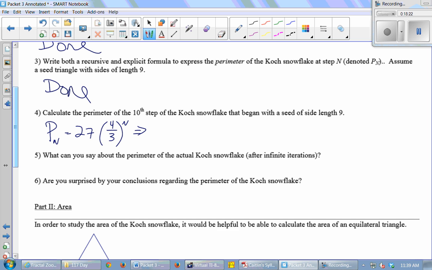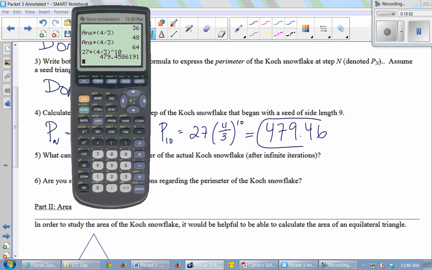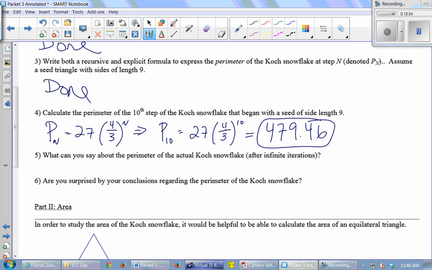Right, so if I want the perimeter of step 10, I would do p sub 10, 27 times 4/3 to the 10th. Oops, that should be a times. To the 10th. All right, I have 479.46. So there's my perimeter at step 10.